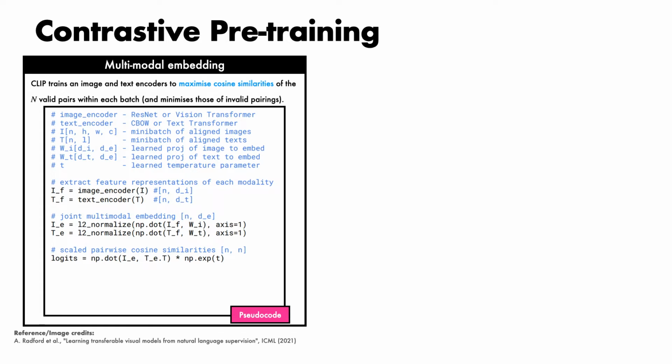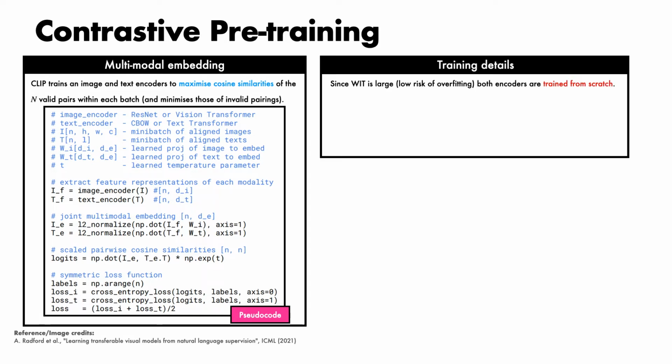Finally, we compute the loss value by generating n labels and penalizing logits that fail to assign all their mass to the diagonal of the matrix along the image dimension and along the text dimension, before averaging the result to produce the loss.